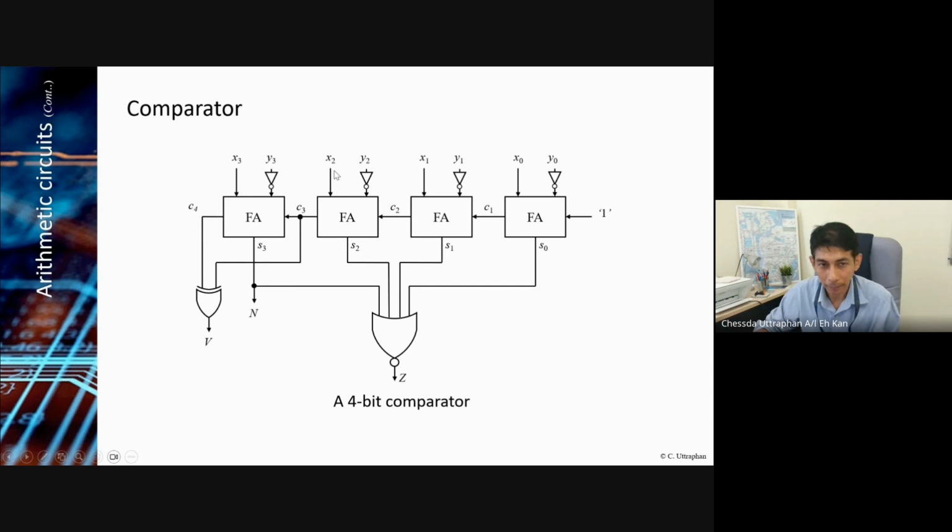So for example, if x equals 3 and y equals 3, when we have this circuit, this is the subtractor, right? We have learned this already. So when x equals 3 and y equals 3, we will have S3 equal to 0, and the others equal to 0. When these are all 0, z equals 1.